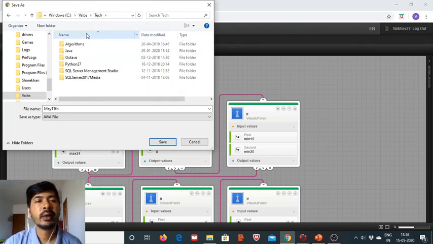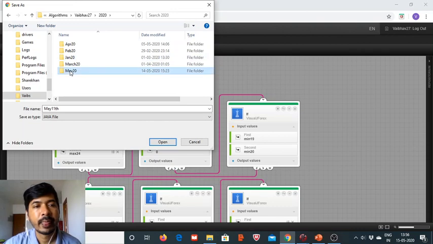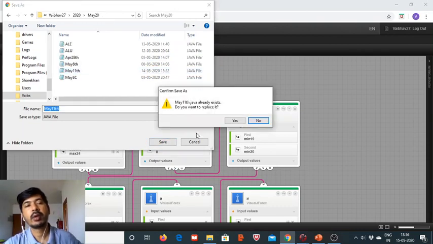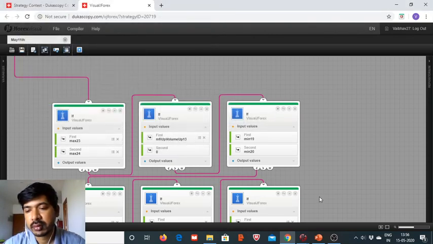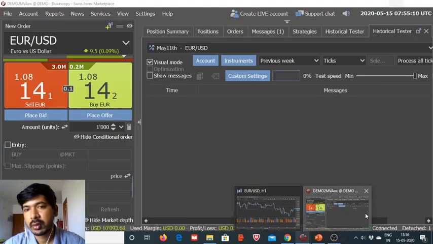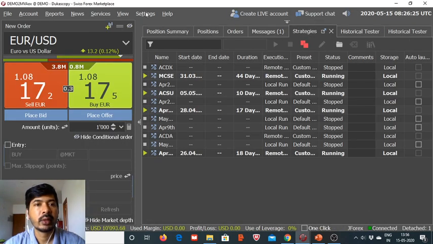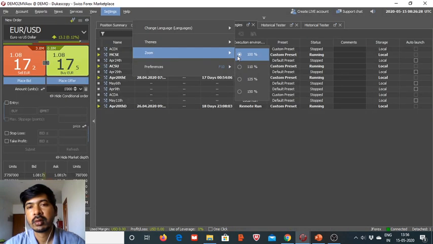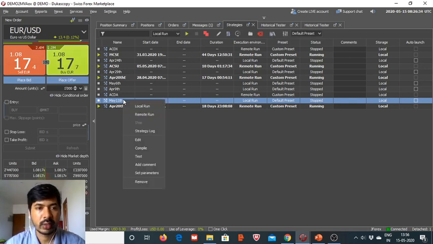So these are our algorithms for which we have worked in the month of May. So we save in the May folder. Yes, we will need to replace yesterday's May 11th version. Okay, so here is old May 11th version, we remove it.